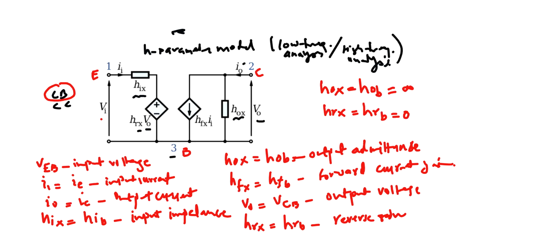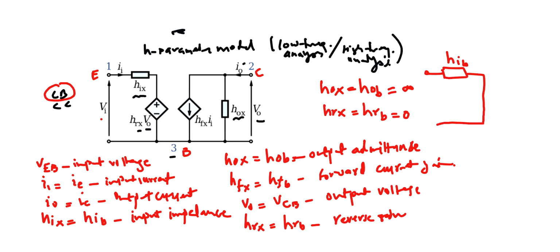You have HIB, and the dependent voltage source you don't have now because HRB is zero. So it's pretty simple, you just have it like this, and you have this input current IE.